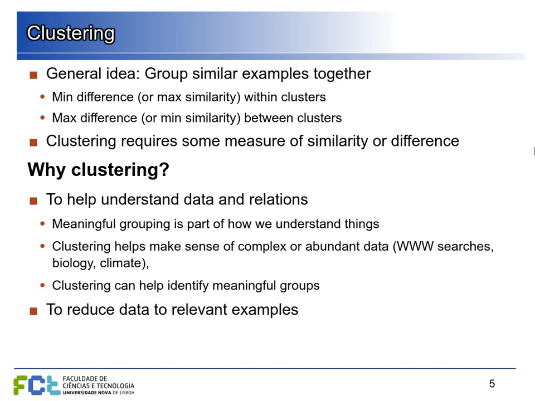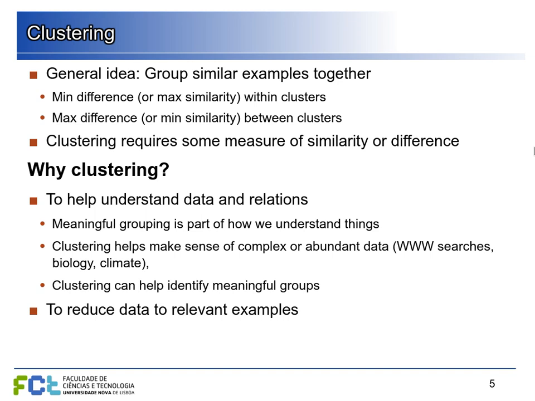But the general idea would be to minimize the difference or maximize the similarity between the examples within the clusters, and maximize the distance or minimize the similarity of examples in different clusters. So we want to group things that are alike together and keep them away from things that are different.